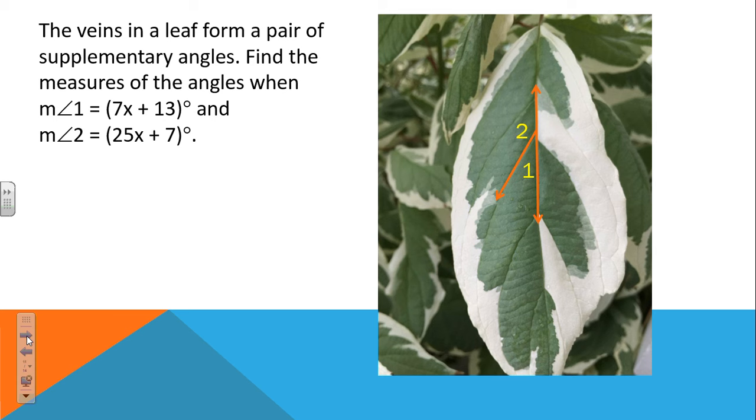The leaf is kind of small, so it may not hurt to redraw it off to the side. Angle 1 measures 7x plus 13. Angle 2 measures 25x plus 7.